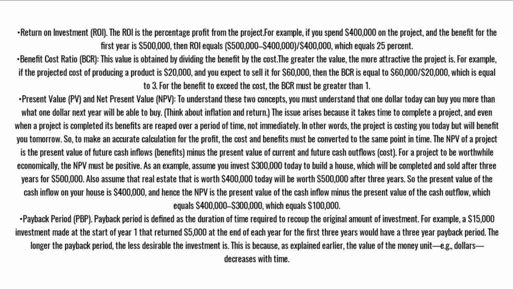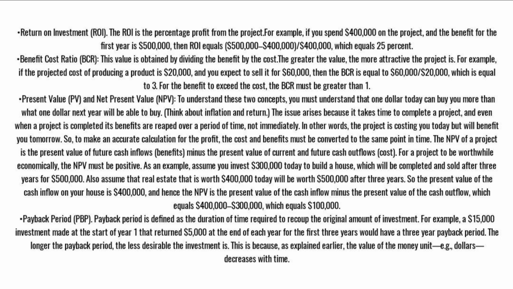Also assume that real estate that is worth $400,000 today will be worth $500,000 after 3 years. So the present value of the cash inflow on your house is $400,000, and hence the NPV is the present value of the cash inflow minus the present value of the cash outflow, which equals $400,000 minus $300,000, which equals $100,000.